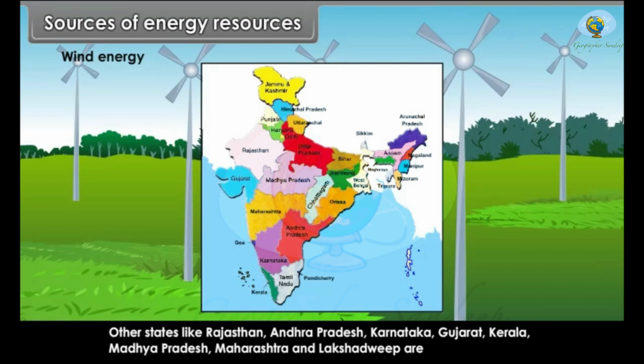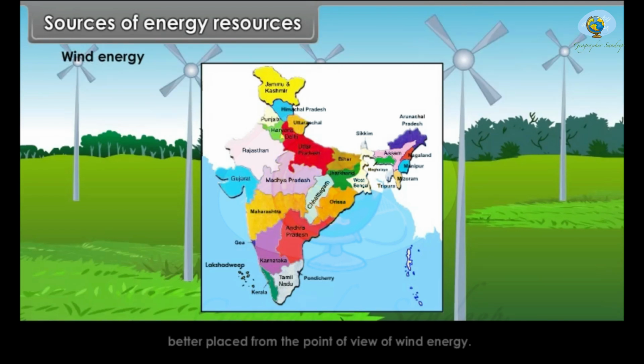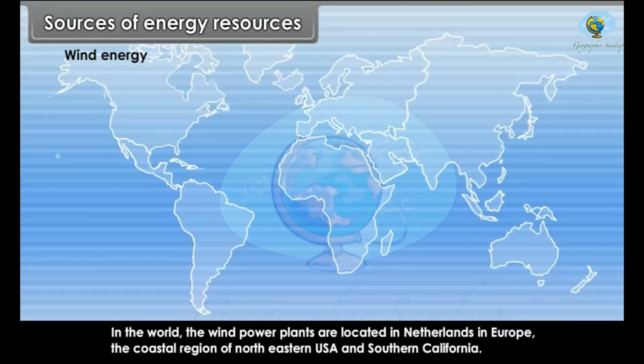Other states like Rajasthan, Andhra Pradesh, Karnataka, Gujarat, Kerala, Madhya Pradesh, Maharashtra and Lakshadweep are better placed from the point of view of wind energy. In the world, the wind power plants are located in Netherlands in Europe, the coastal region of northeastern USA and Southern California.